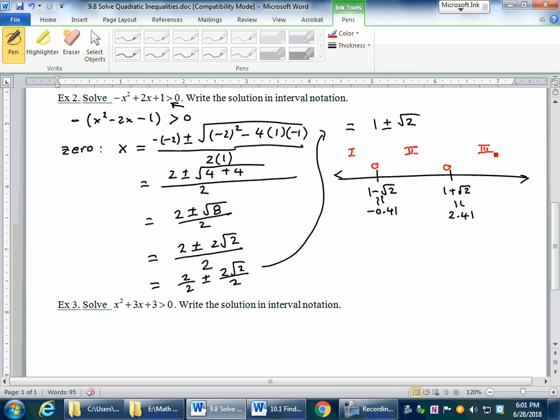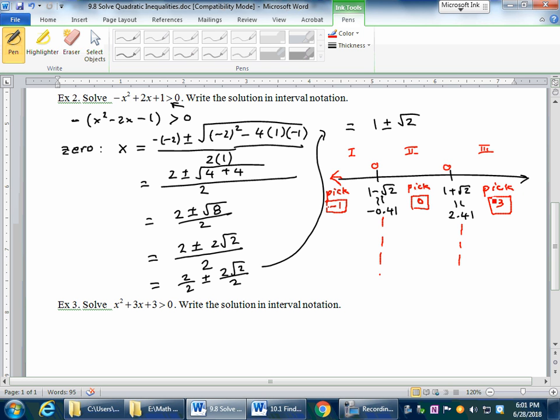And I'm going to pick a number from each interval and test it as before. So on interval 1, I will pick negative 1. And interval 2, I will pick 0, because a negative number and a positive number are perfectly okay, pick 0. And interval 3, I will pick 3.